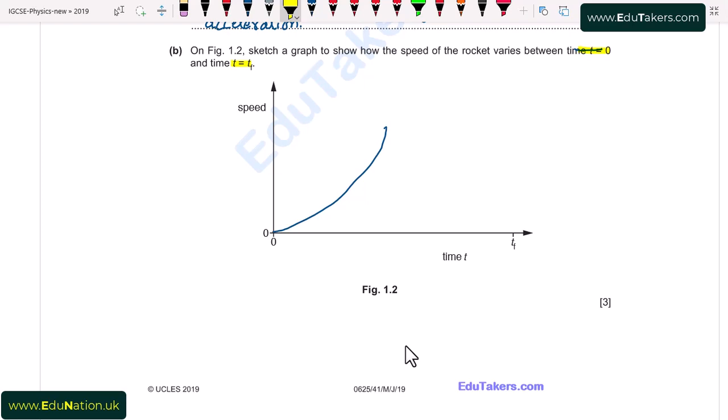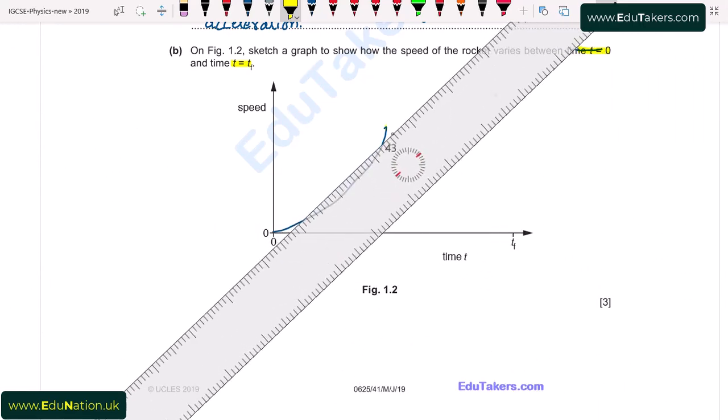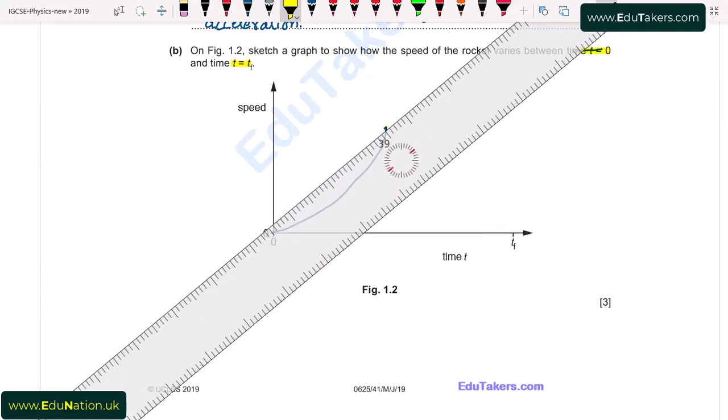So when we have to draw this, it will be just like a straight line that rises both in the x and y axis, and it will be just like this.